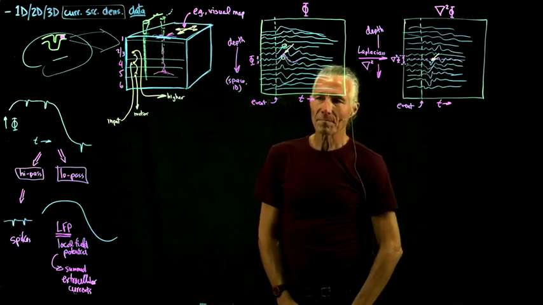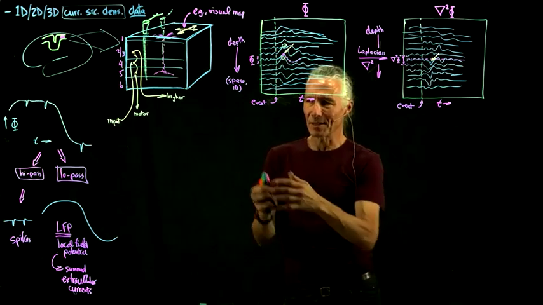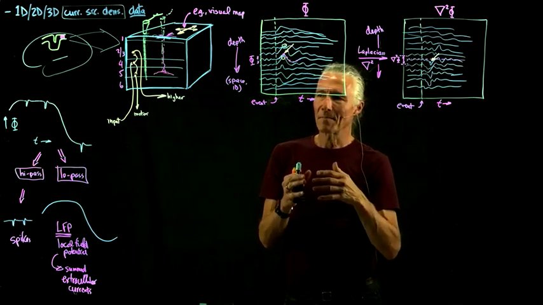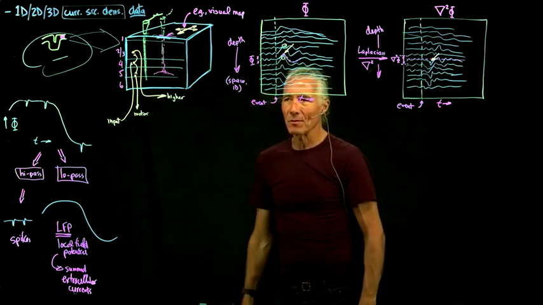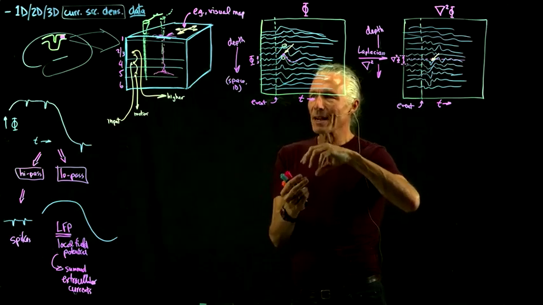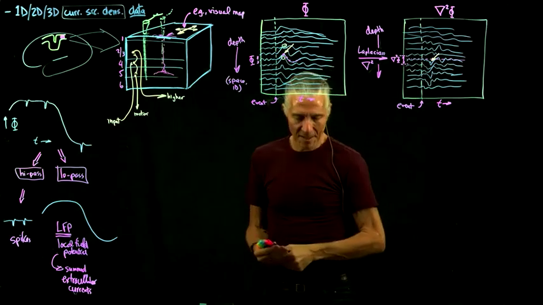Okay, so all good about this. Now, we haven't said how it relates to cells. So what I want to do down here is make a diagram of how we think it actually relates to the pyramidal cells in the cortex.